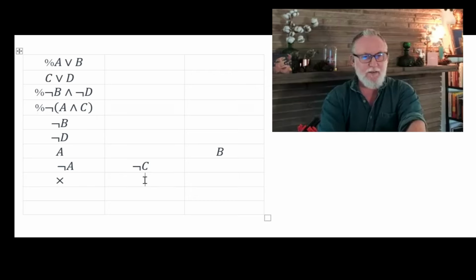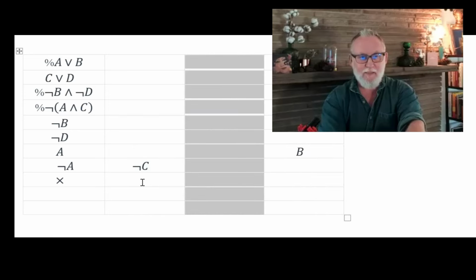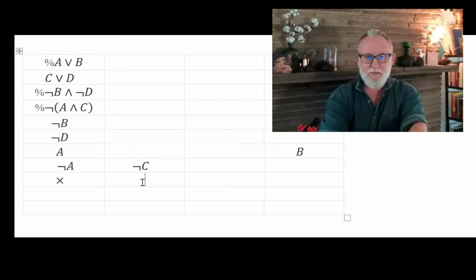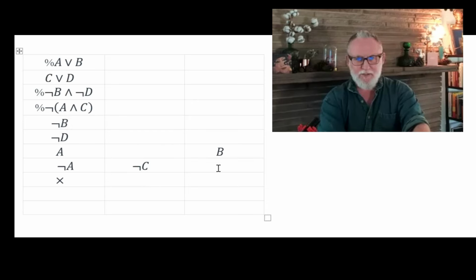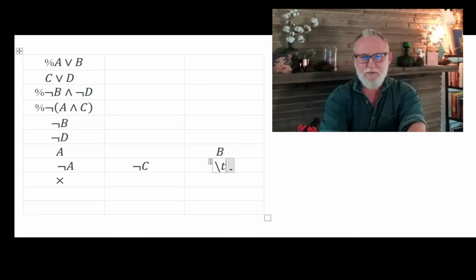Okay, and now we're going to do the second premise, C or D, and I need to insert a column here. I should have already, when I first entered this here, closed that out.